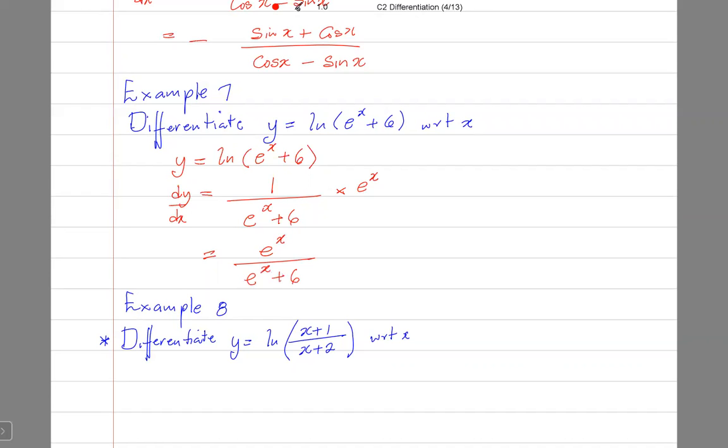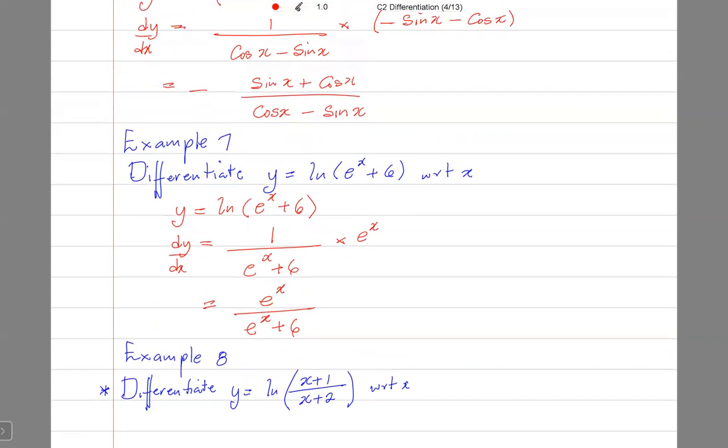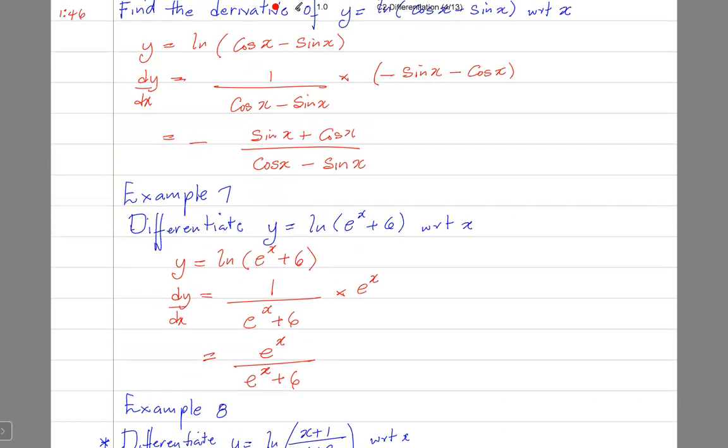Sir, I have a question. Go ahead. Well, a query. Sir, for example 6, where you say you filter out the minus 1 sign. Yes. Would you just leave it right there like that? You could have just left it as this: minus sine x minus cos x, and this is all over cos x minus sine x.